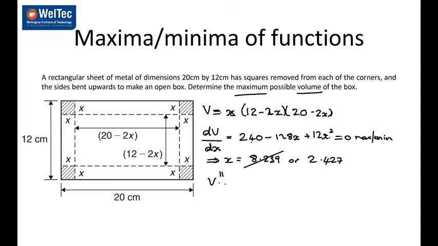So we differentiate the first derivative again, and then we substitute in 2.427, and we find that it is negative. So that tells us there's a maximum at x equals 2.427.